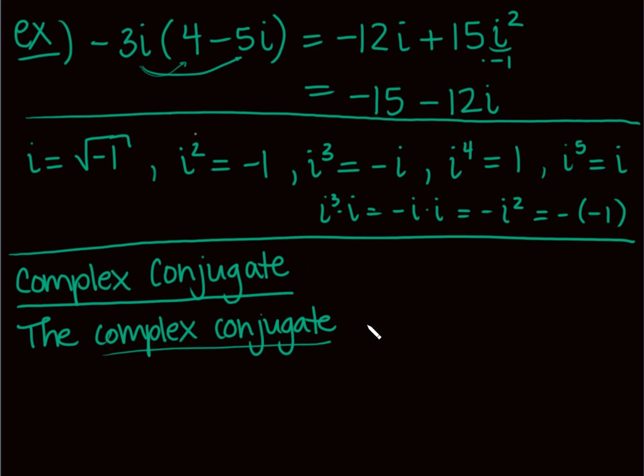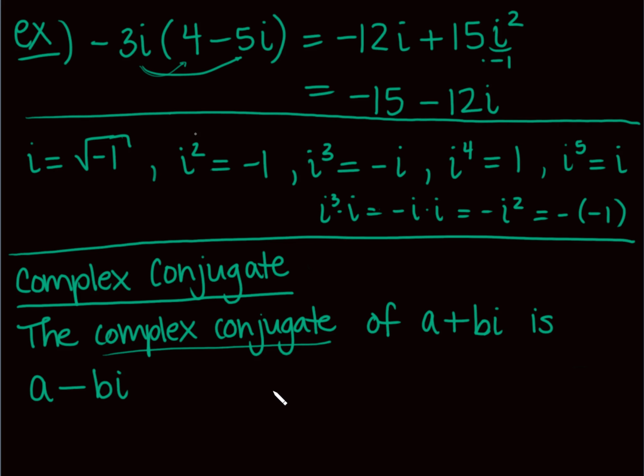But the complex conjugate of a complex number a plus bi is just the same thing except the middle term is changed. If the middle term is positive, then the complex conjugate has the middle term negative, and vice versa. So that's what we mean by a complex conjugate.